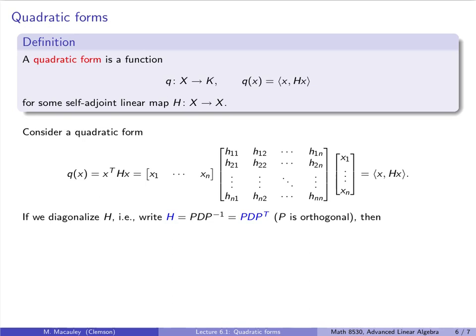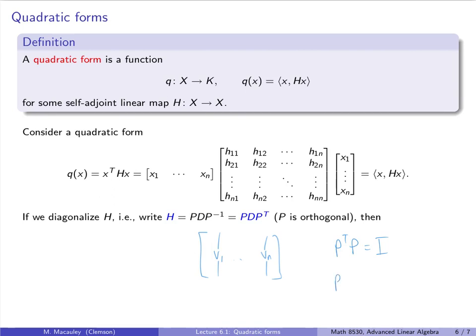Though we haven't proven it, I'll do it soon, I've stated that if we have a self-adjoint linear map H, then x has a basis, an orthonormal basis of eigenvectors. In other words, H is diagonalizable by an orthogonal matrix P. So here, the columns of P are the eigenvectors, and P transpose P is the identity because the columns are orthonormal.